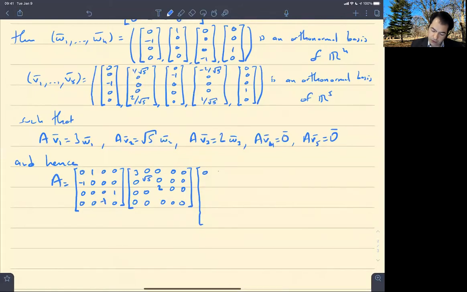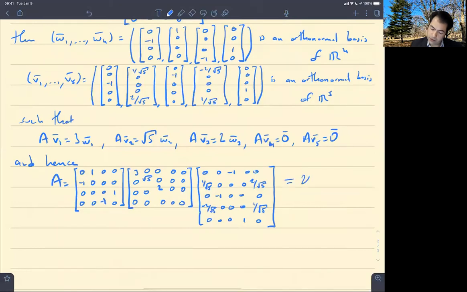Okay, so I get 0, 0, minus 1, 0, 0, then 1 over square root of 5, 0, 0, 0, 2 over square root of 5, then 0, minus 1, 0, 0, 0, then minus 2 over square root of 5, 0, 0, 0, 1 over square root of 5, and then 0, 0, 0, 1, 0.